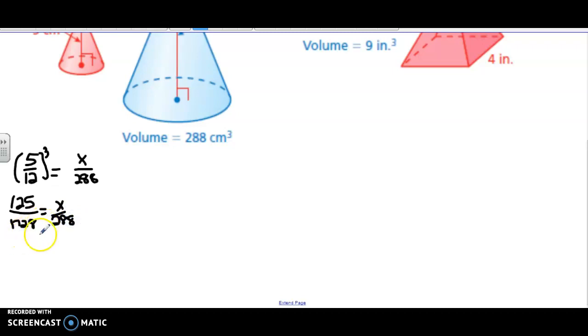Now I'm going to cross multiply. So 1728x equals 125 times 288, which is 36,000. 1728x is equal to 36,000.